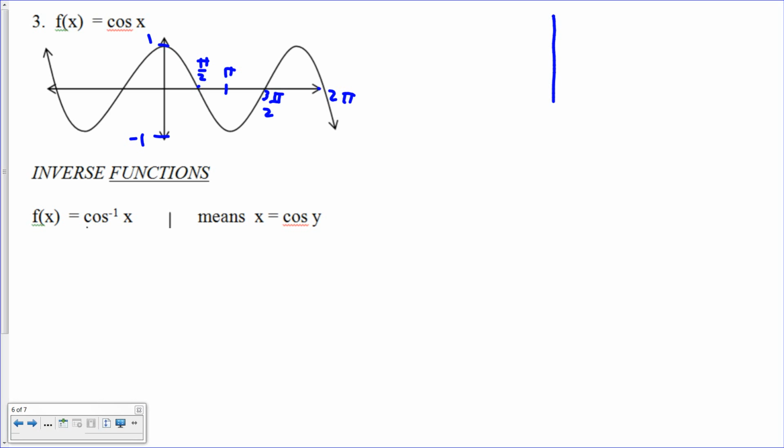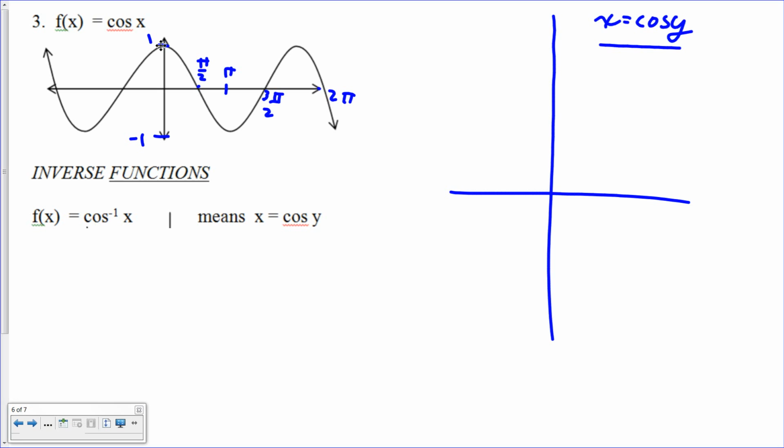And so when I do that, I'm going to look at a new graph. And so this is going to be x is equal to cosine y graph. I switched the x and the y around.